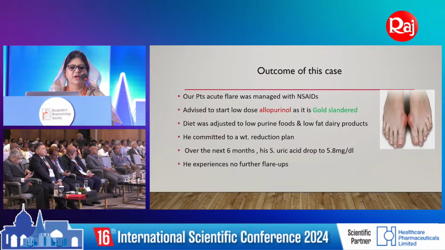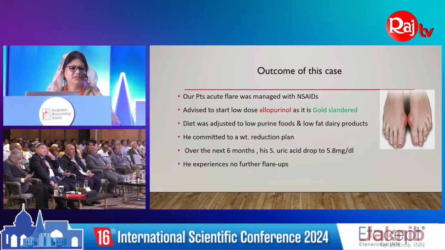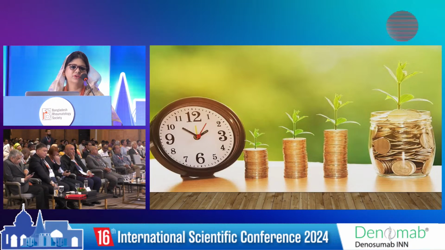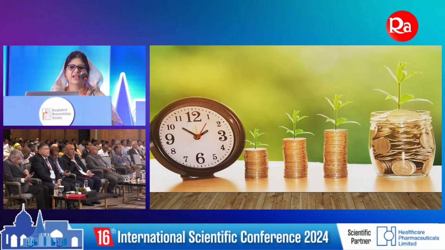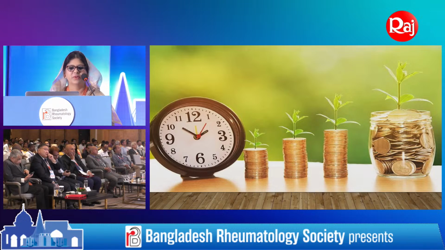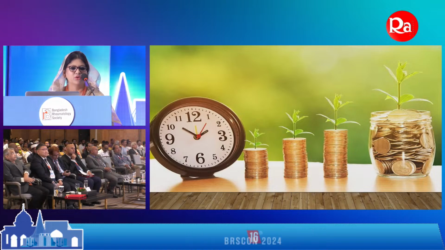Over the next 6 months, his uric acid dropped to 5.8 milligram per deciliter, and he experienced no further flare-up. But how long do we have to continue these drugs, as there is a question of the economic status of the patients? I think it will be answered by my co-speaker.